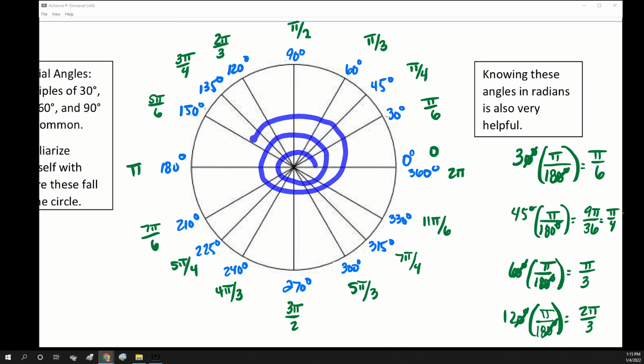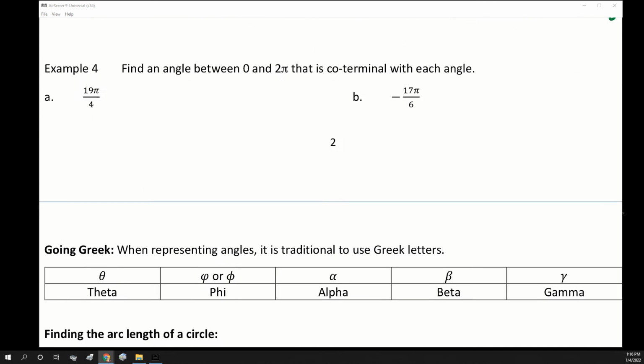So their starting position and their ending position is the exact same, but they're different angles. Like 870 is way bigger than 150 degrees. Like it's going around a whole bunch of times. But their starting and ending are the same.